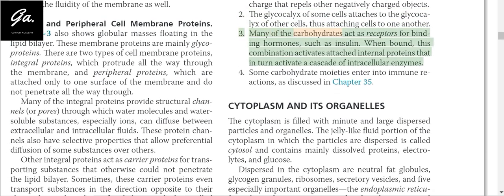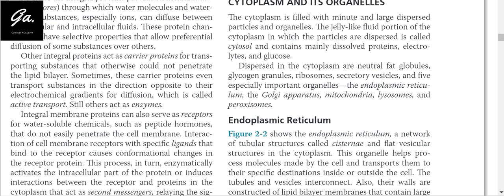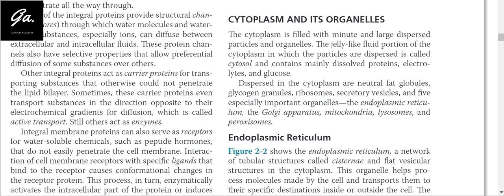Three, many of the carbohydrates act as receptors for binding hormones, such as insulin. When bound, this combination activates attached internal proteins that in turn activate a cascade of intracellular enzymes. Four, some carbohydrate moieties enter into immune reactions, as discussed in Chapter 35.